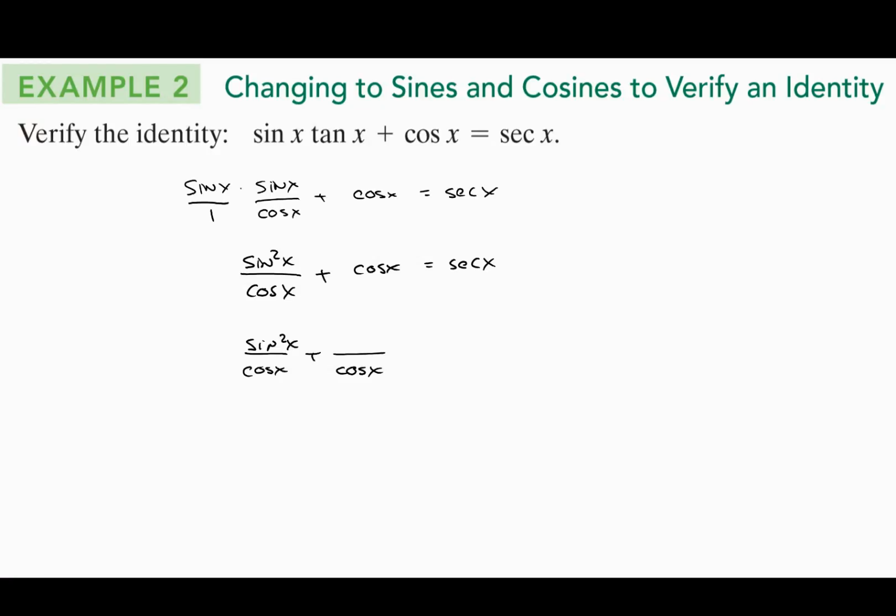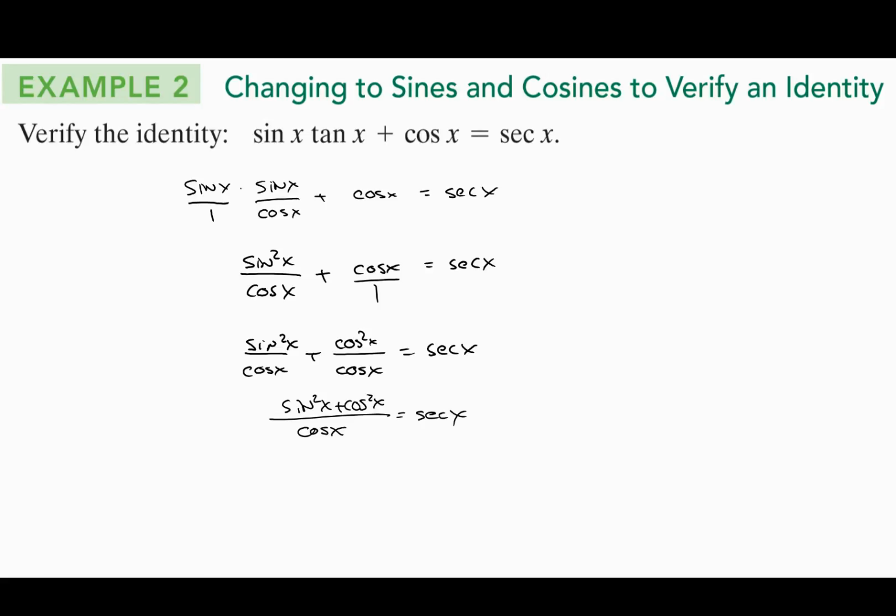If I'm going to multiply the bottom by cosine, I have to multiply the top by cosine as well. Now I can combine these into one fraction, and hopefully recognize that sine squared plus cosine squared is an identity.